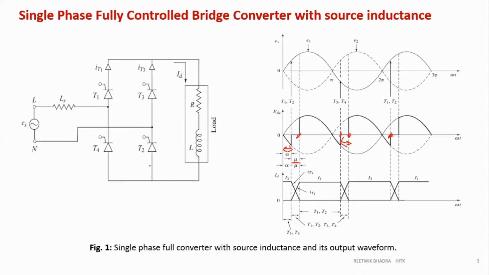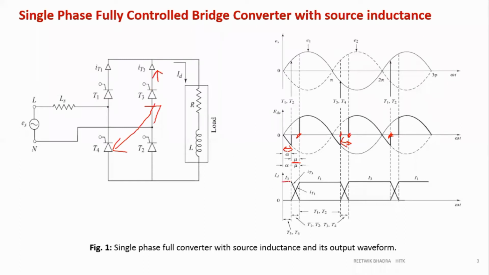You can think of it this way also. Suppose I consider this period, during this period, this negative part comes before T1, T2, which conducts T3, T4. So these two are conducting, so current IT3 will flow, the current coming out of this T3. So IT3 will be high.